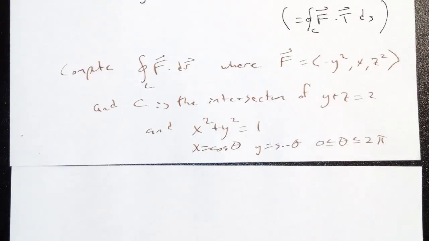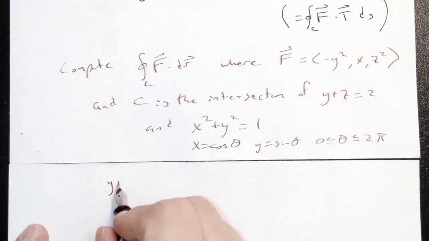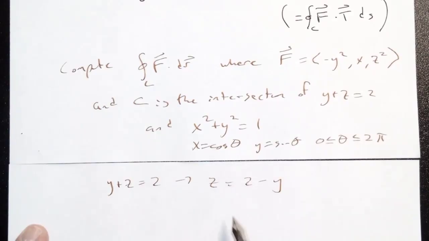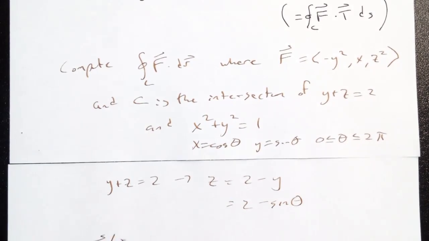How do I lift that up onto this surface? Y plus z equals 2 means z equals 2 minus y. So that's 2 minus sine theta. So I actually have r of theta: cosine theta, sine theta, 2 minus sine theta.